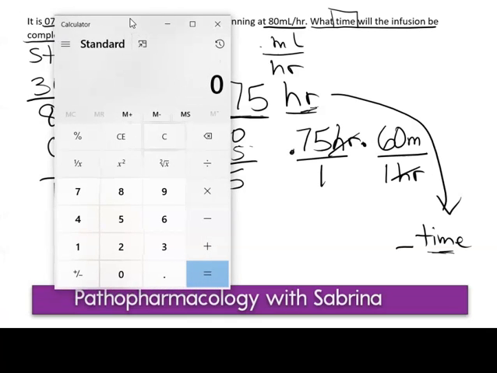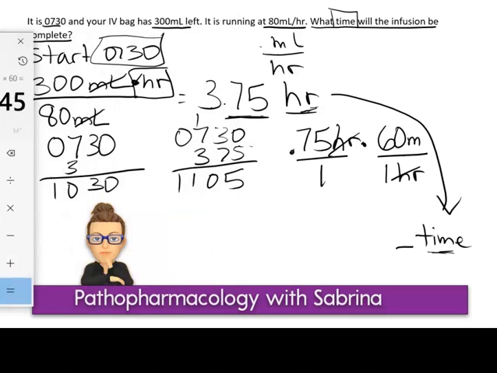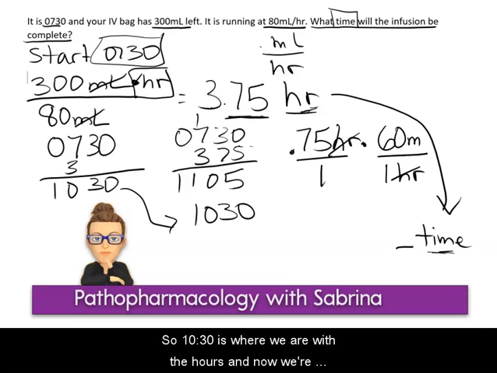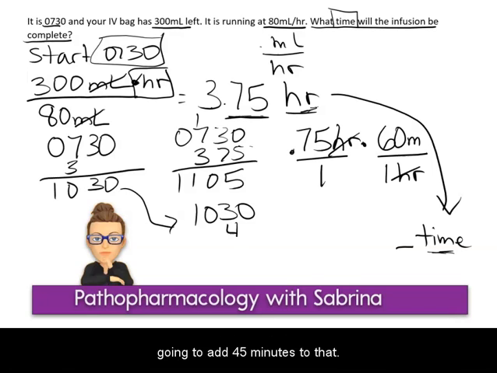Pull over our calculator. 0.75 times 60 is 45 minutes. So right here, sorry, I've got a messy screen now. So 10:30 is where we are with the hours, and now we're going to add 45 minutes to that.